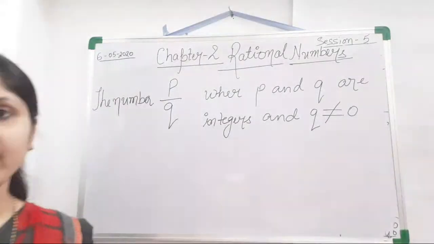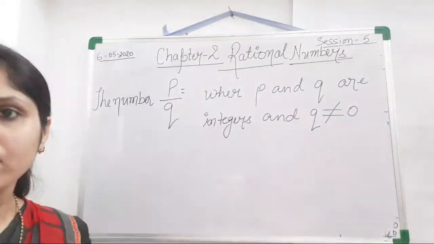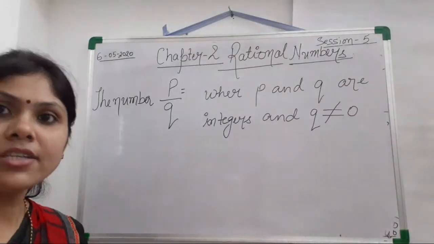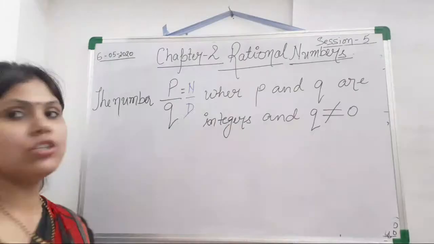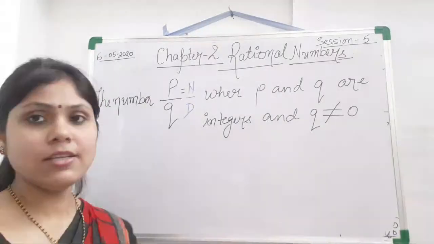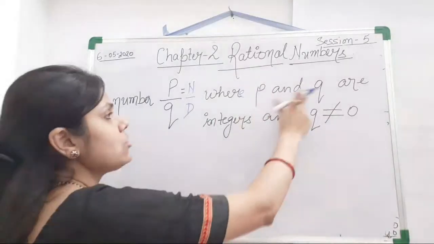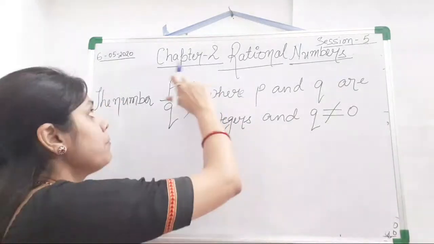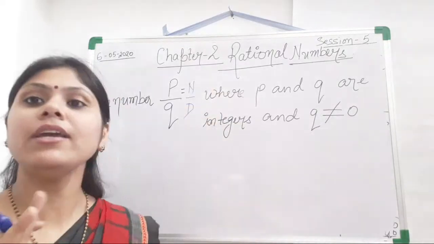P is the numerator and Q is the denominator. So the statement says where P and Q are integers: numerator P and denominator Q should both be integers.